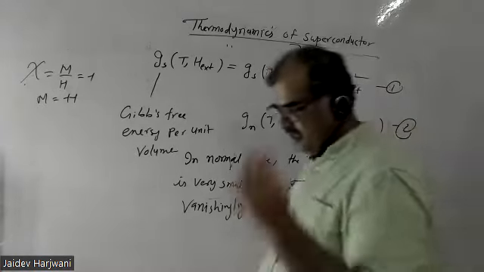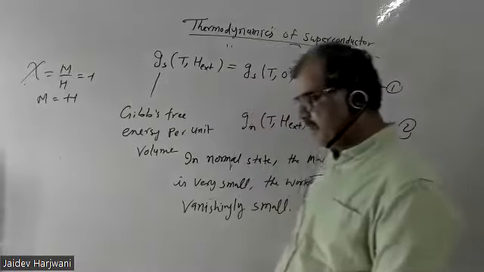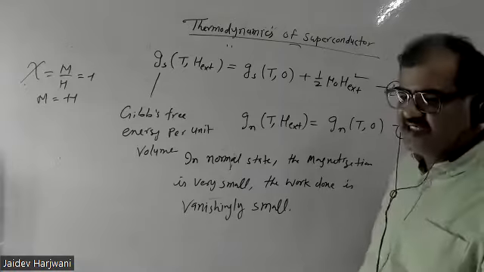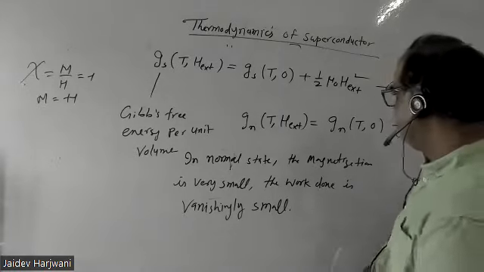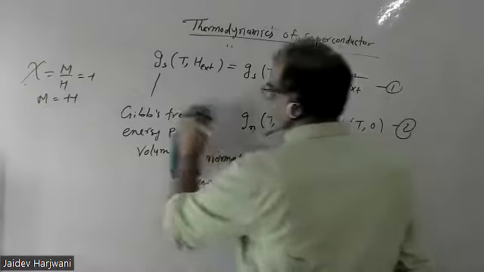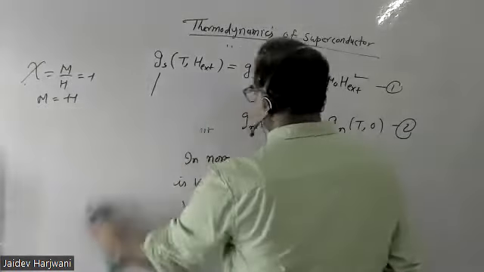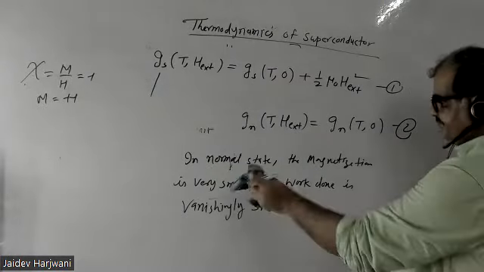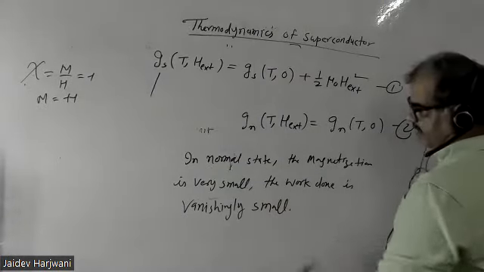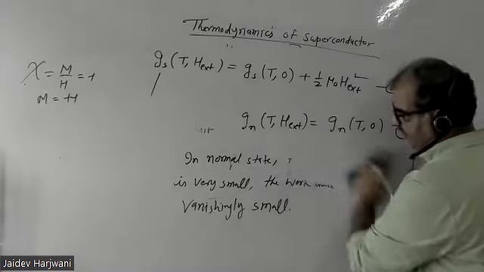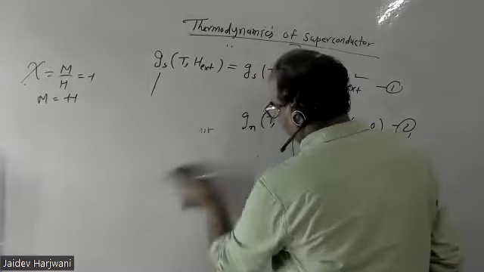Now let me plot this curve. We now have the equations, so I can plot this free energy as a function of magnetic field. In the normal state the magnetization is very small, so the work done is negligible, so these both are the same.